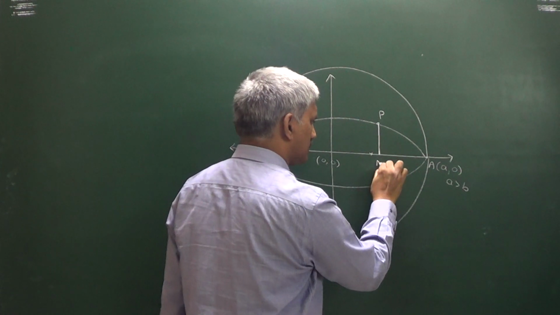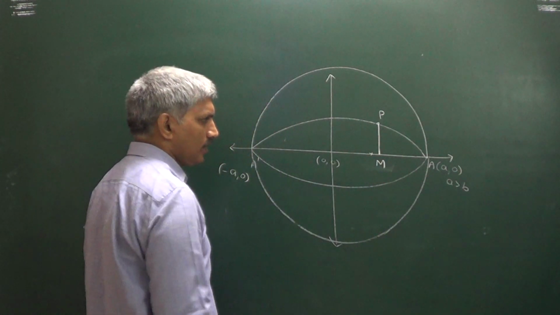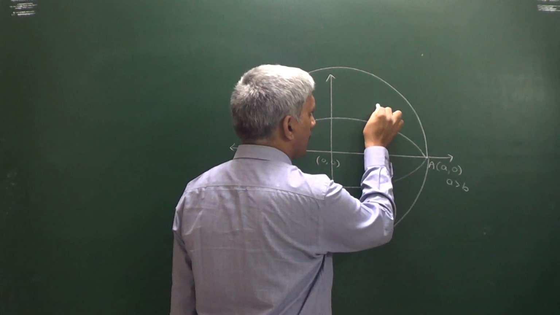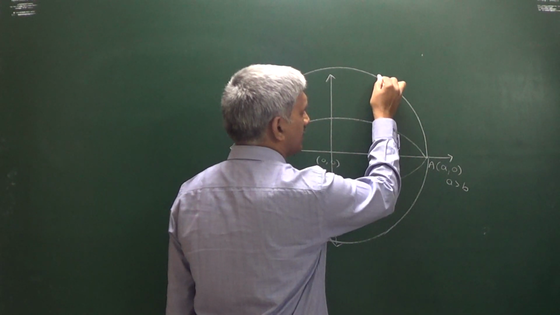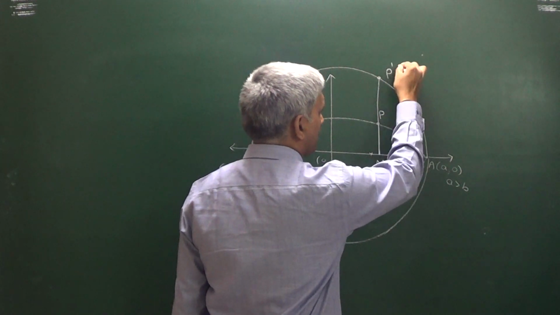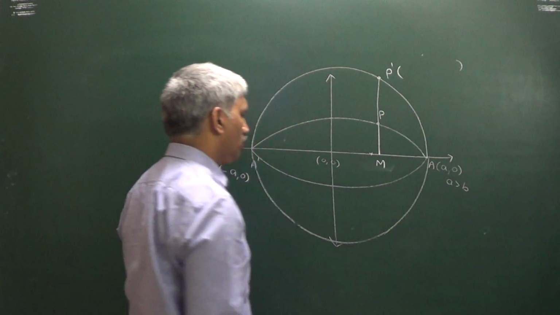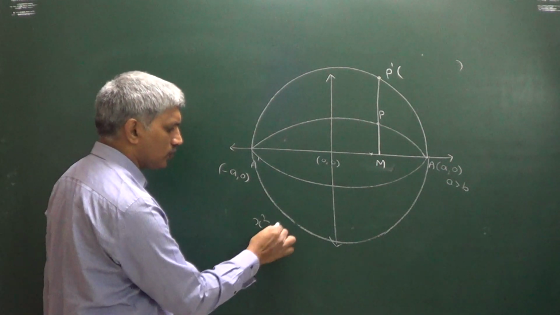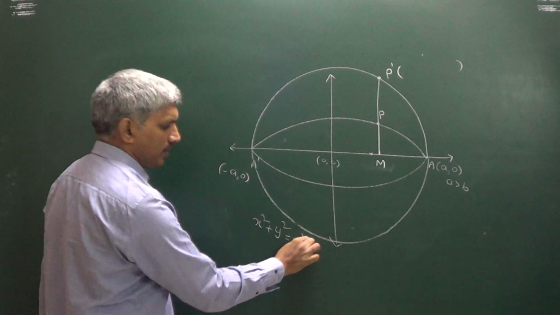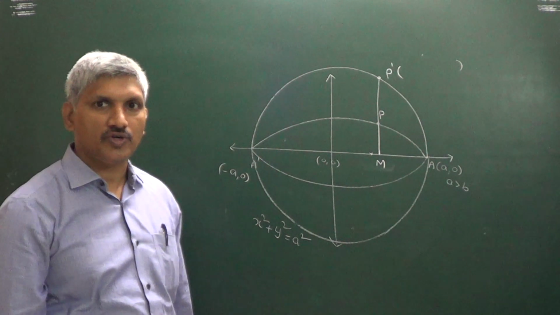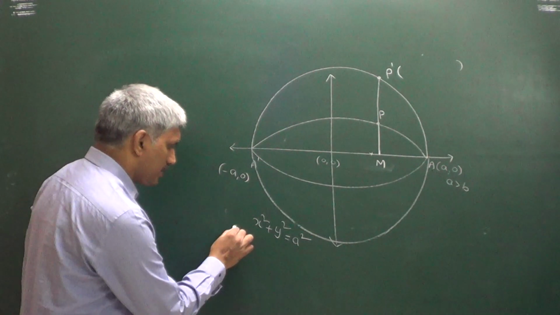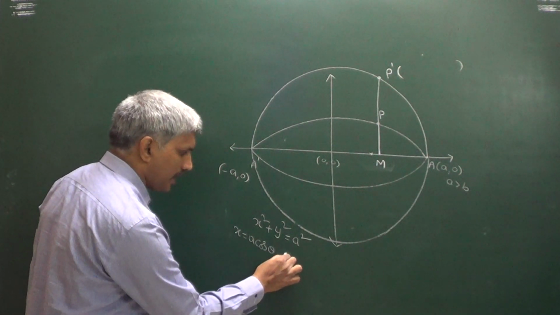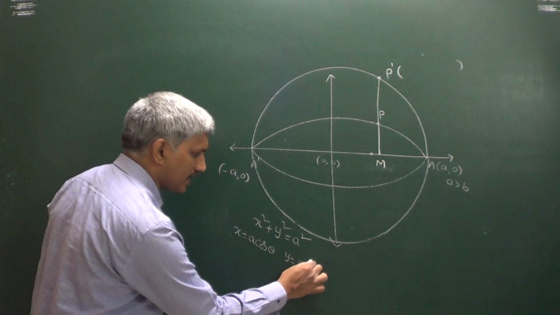Let us say that one has some M. Now the same point, the corresponding point on the circle, I am taking. Let us say this point is P dash. I hope everyone knows, when the circle equation is x square plus y square is equal to a square, x is equal to a cos theta and y is equal to a sin theta.